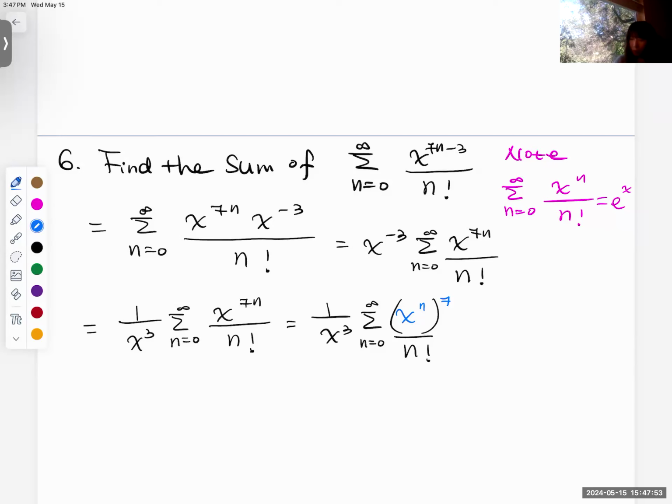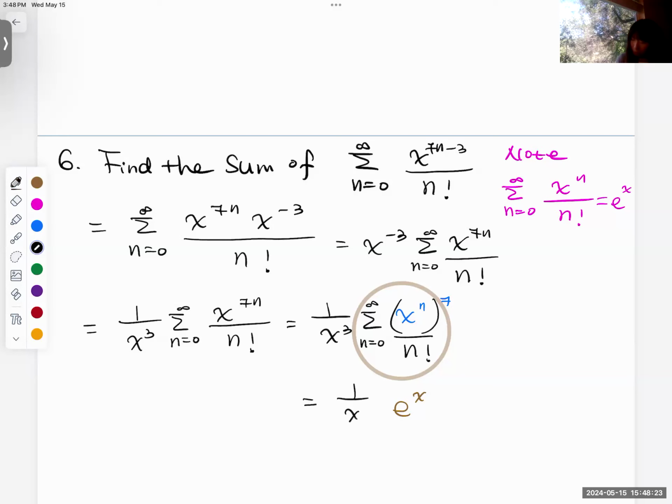Then we knew that will be e to the x power, I mean, with a series, right? So this is e to the x power.